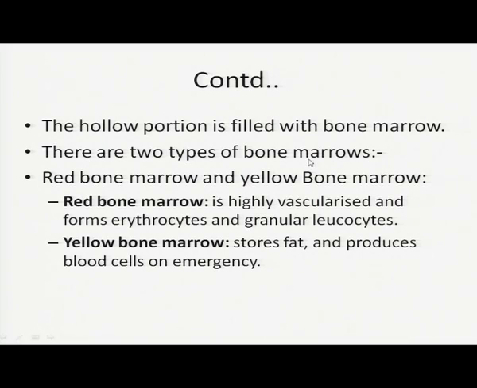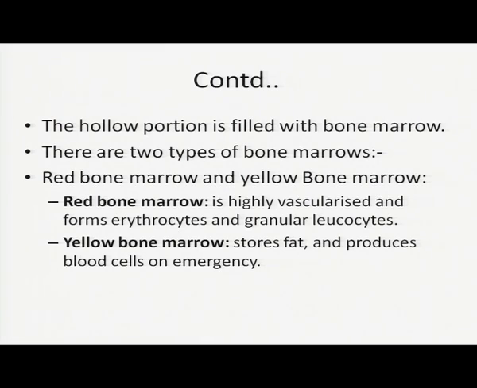Now, there are different types of bone marrow. One is red bone marrow and the other is yellow bone marrow. Red bone marrow is highly vascularized. It contains a large amount of blood vessels and it forms the erythrocytes, RBCs.